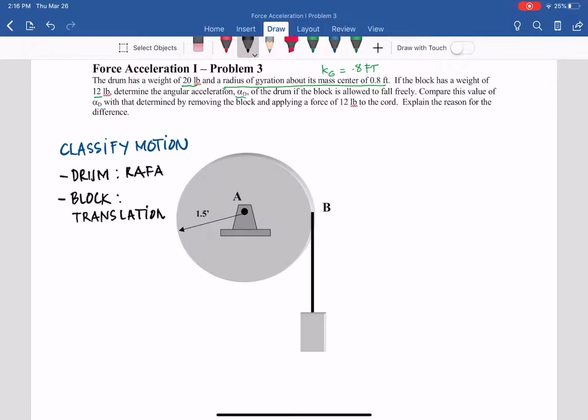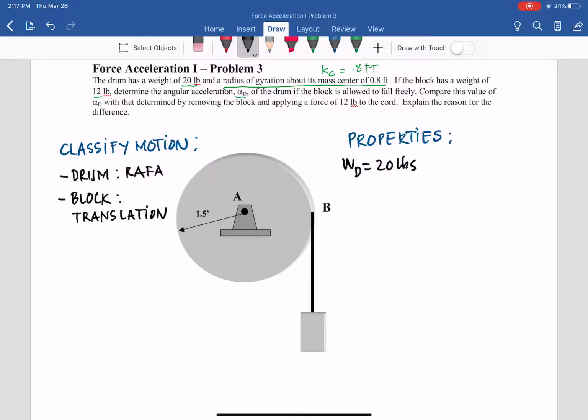And the next step, we want to find out the properties based on the information given in the problem. I suggest you always do that to make sure we know what is given and what is not given. As you can see, for the drum, it's 20 pounds. That is the weight.